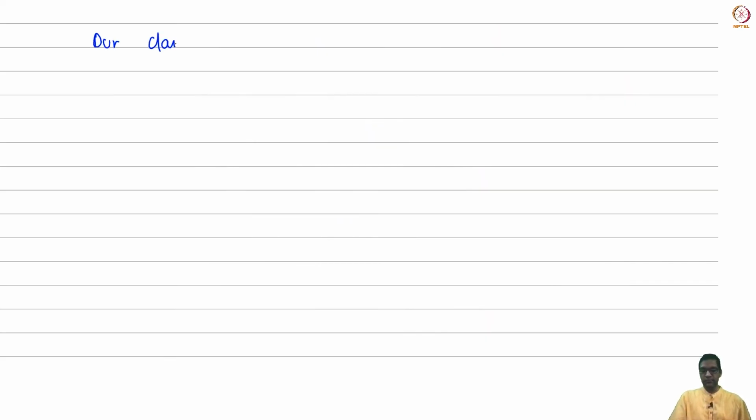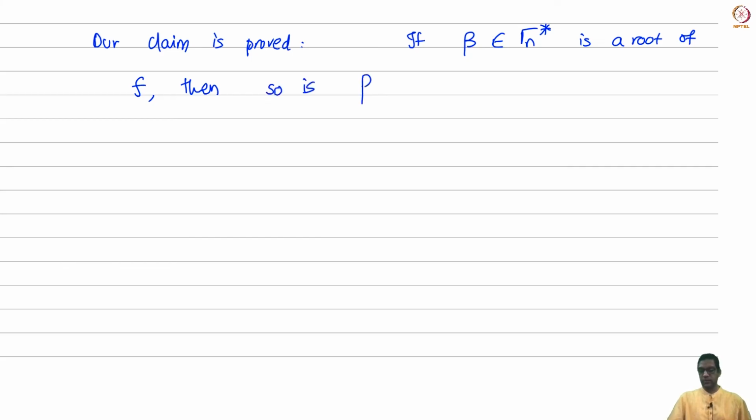What was our claim? Well, our claim was the following: if beta, some primitive nth root of unity, is a root of f, then so is beta to the power p for all primes p not dividing n.